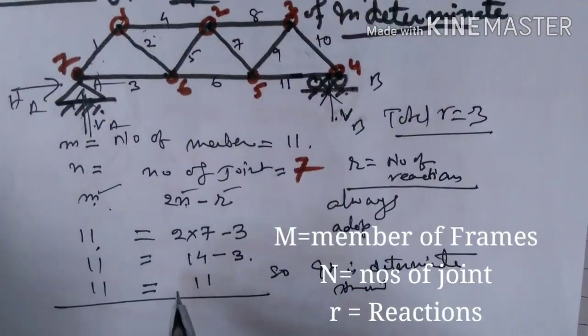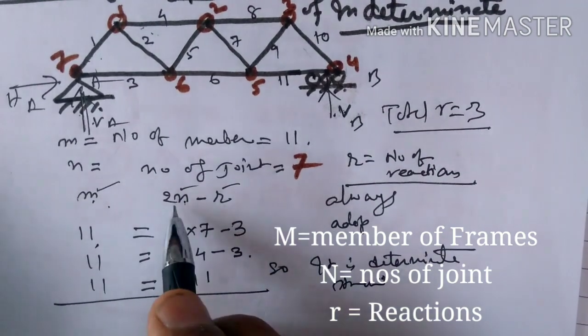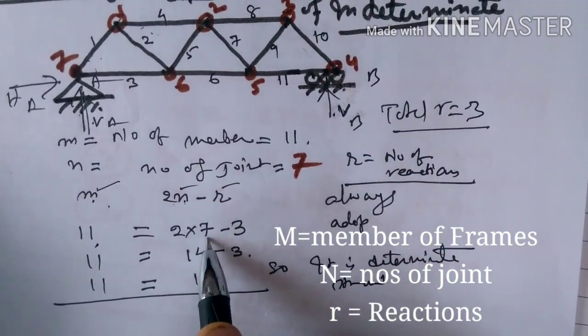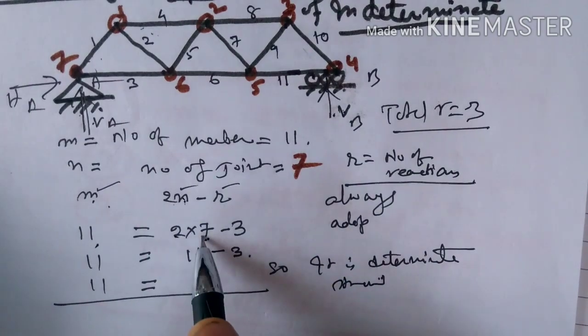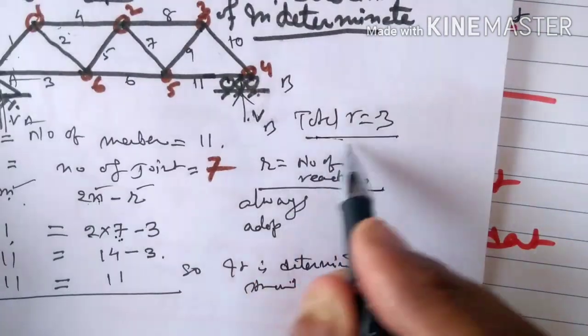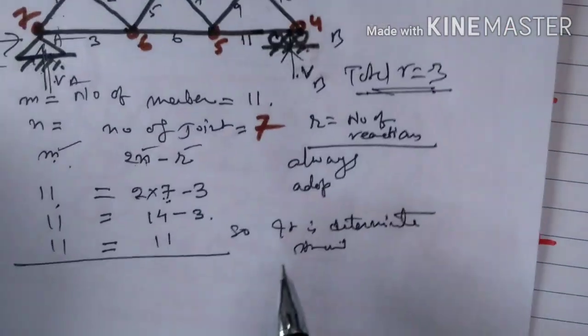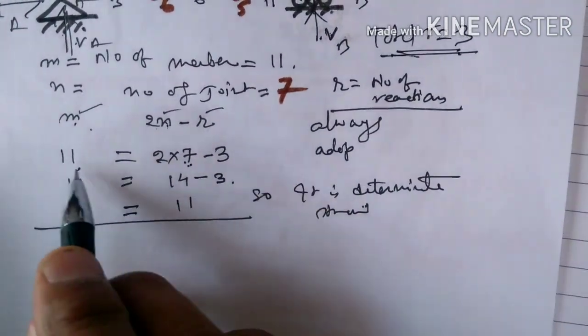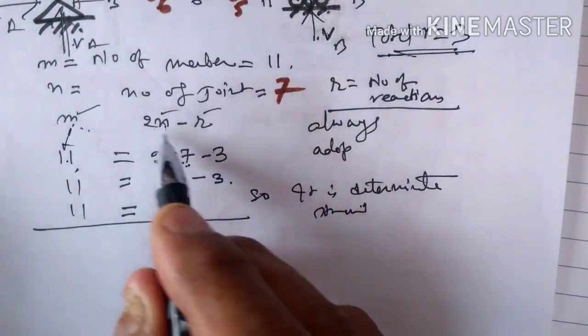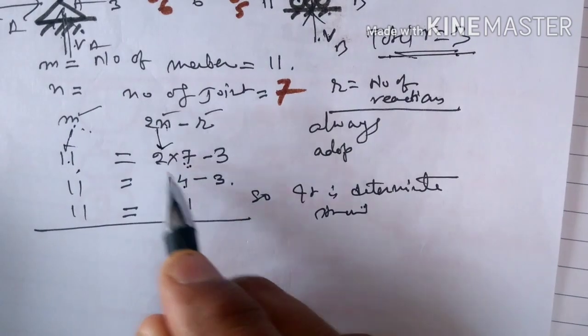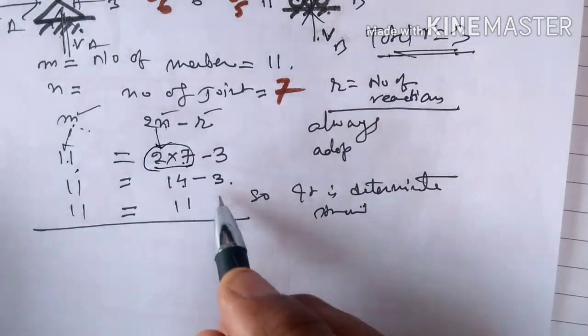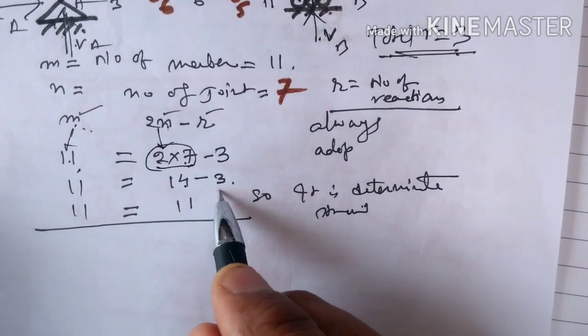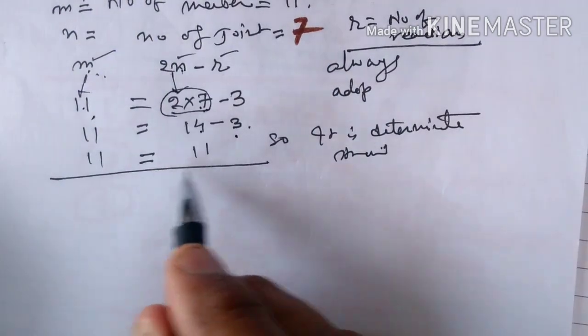The total number of nodes, N, is 7, and 2N is 14. And R, the reactions, is equal to 3. So put here M 11, 2N means 14, and R is 3. You will get 11 equal to 11.